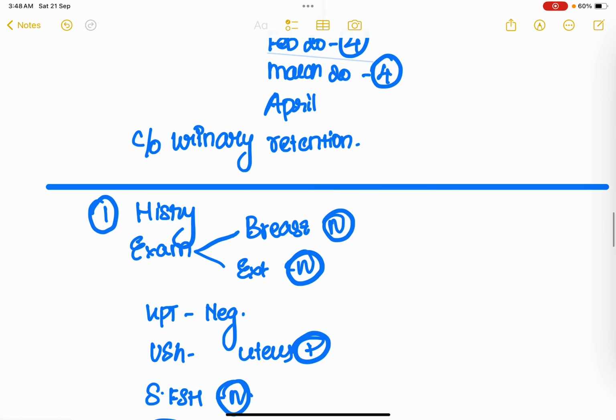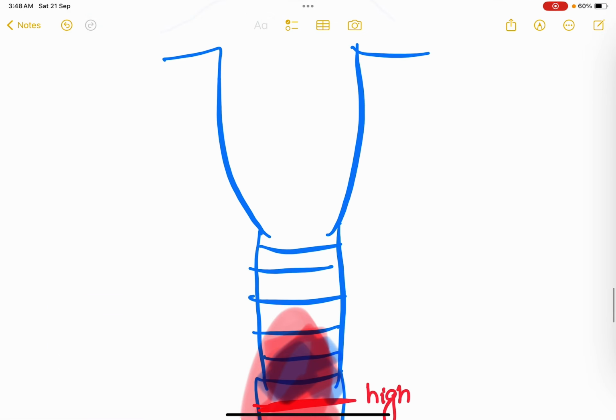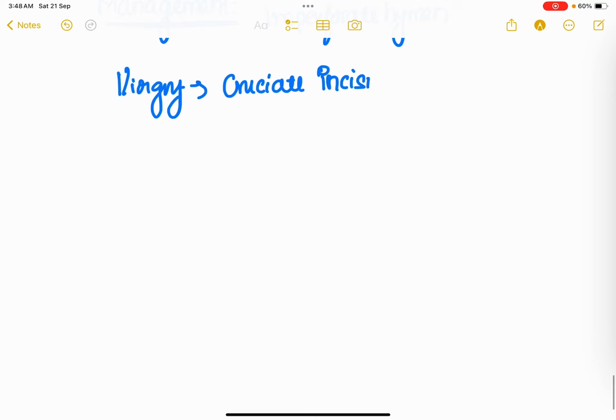So creating a cruciate incision on the hymen without disturbing the virginity of the female, a cruciate incision over the hymen is the management of choice.